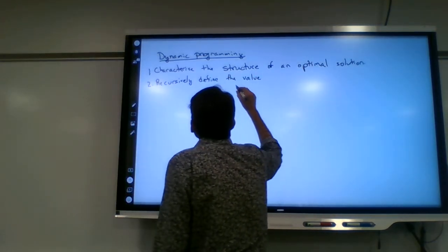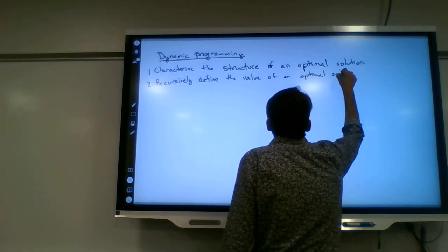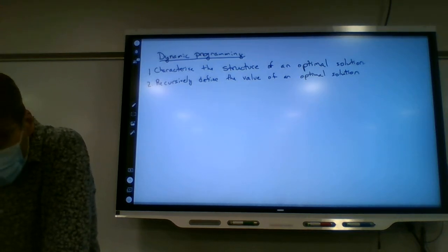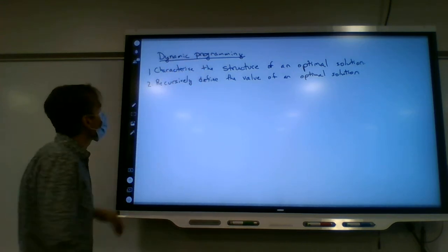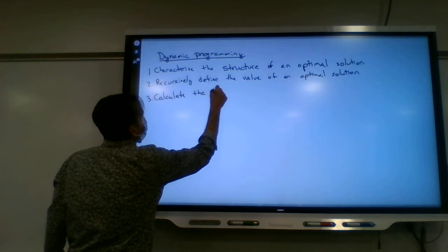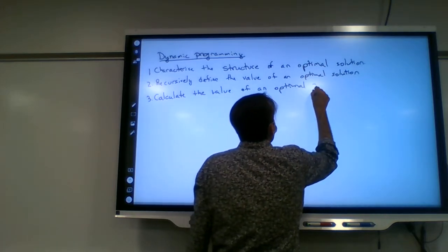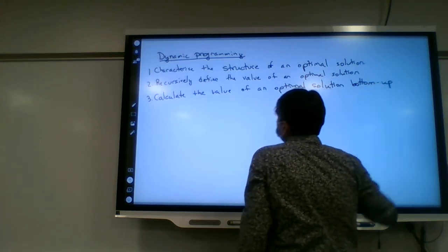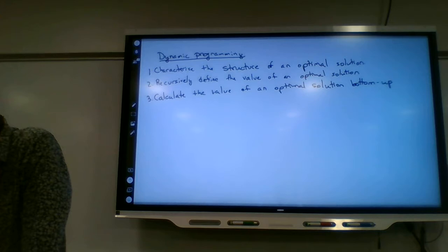All right, so what we will do still involves this recursive aspect. And then rather than calculating from the top down, we will calculate these values bottom up, and that way we only calculate those pieces one time.